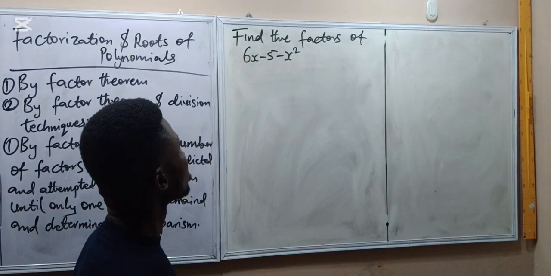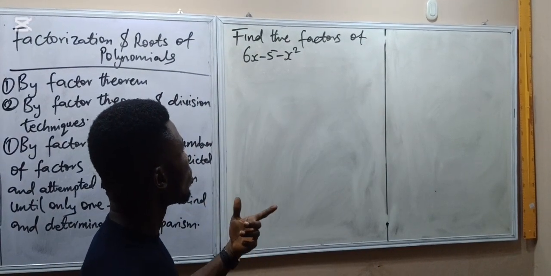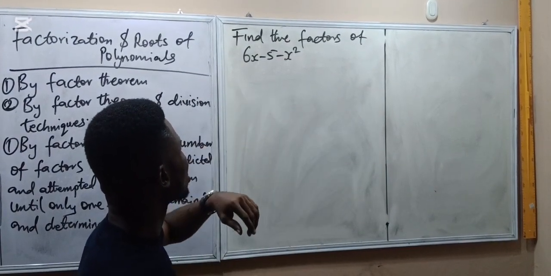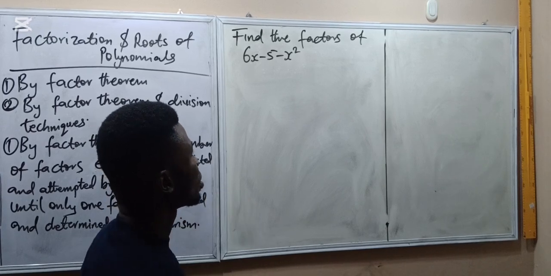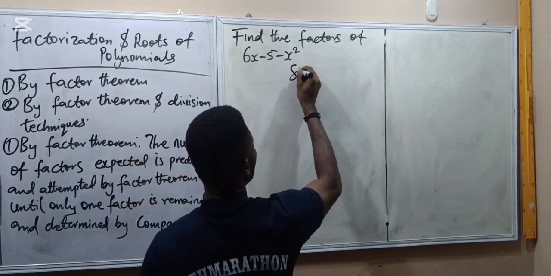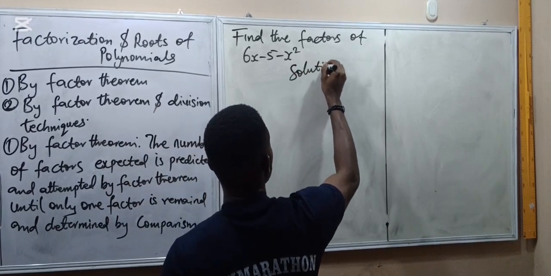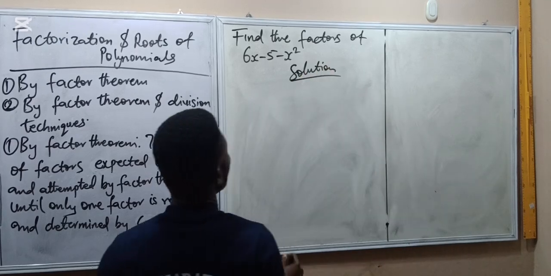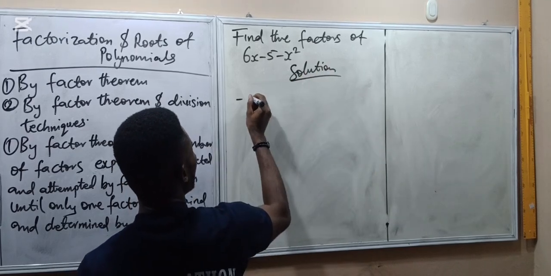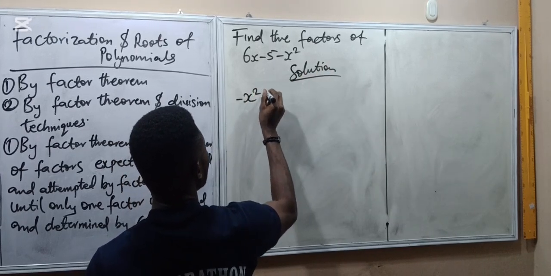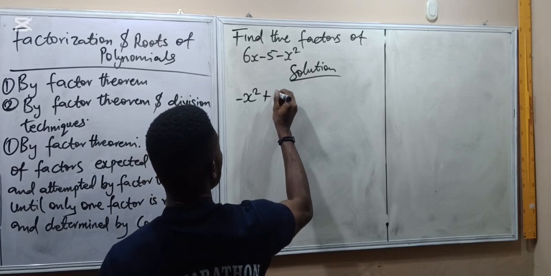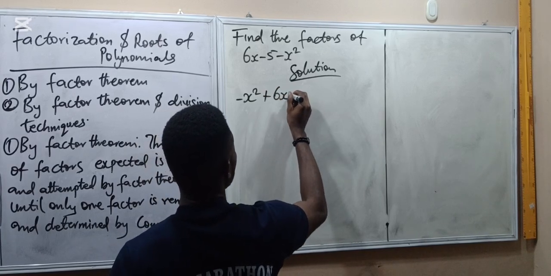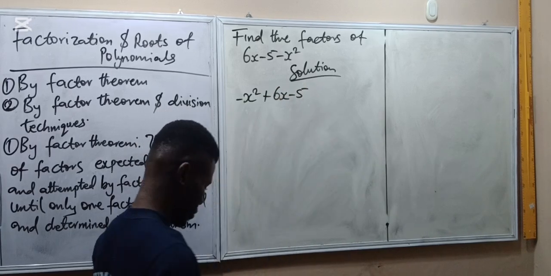Okay, this one says find the factors of this polynomial 6x minus 5 minus x squared. Of course, this can be rearranged as minus x squared plus 6x minus 5.